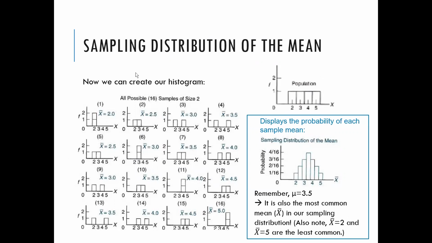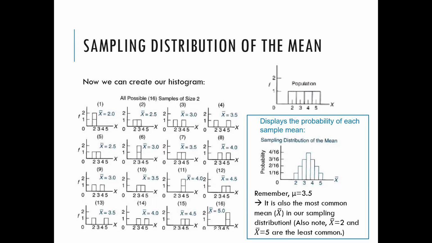On the left-hand side, we see all 16 possible samples of 2 taken from this population. In the first sample, we've taken 2 observations from our population of 4, and here we've randomly picked 2 twice. This assumes that we've picked out an observation and put it back.